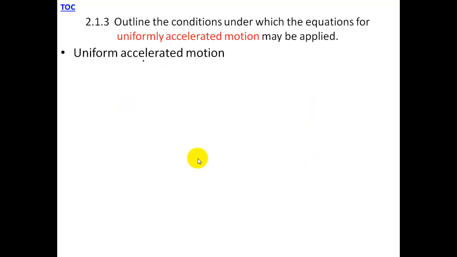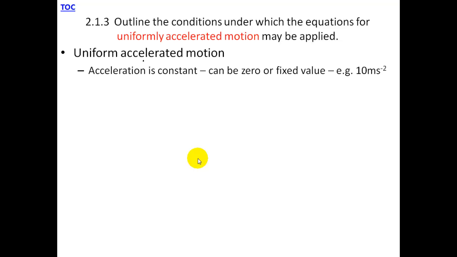Now, we need to outline the conditions under which the equations of uniformly accelerated motion may be applied. And we will be looking at these equations next. So uniform accelerated motion means that the acceleration is uniform. It's the same magnitude and the same direction. So the acceleration is constant.